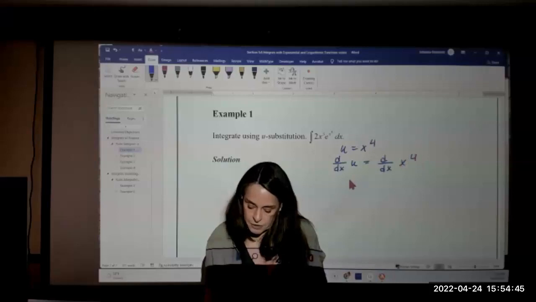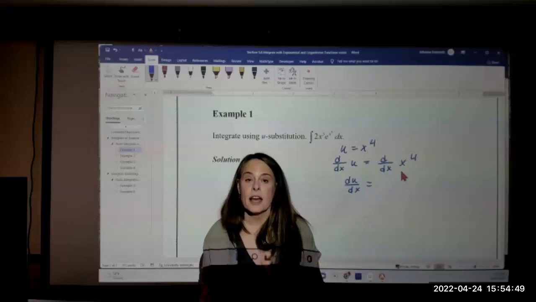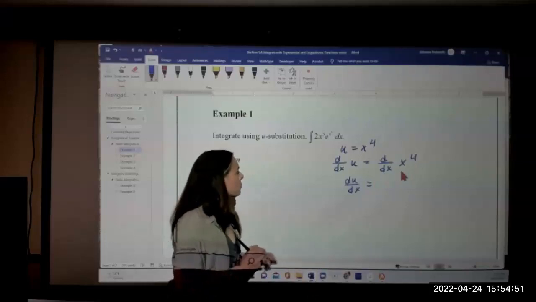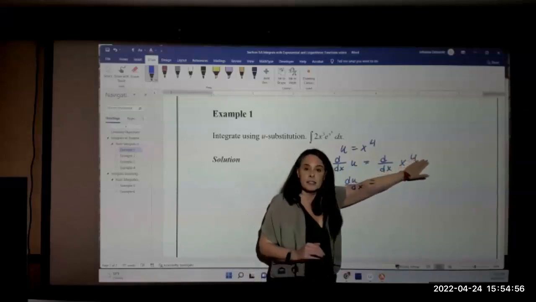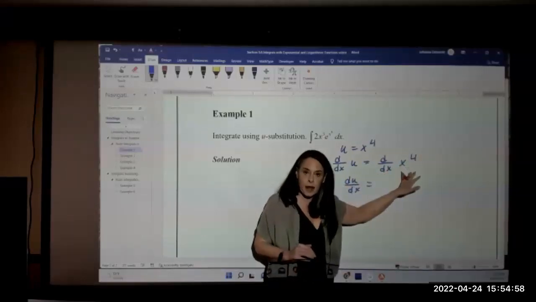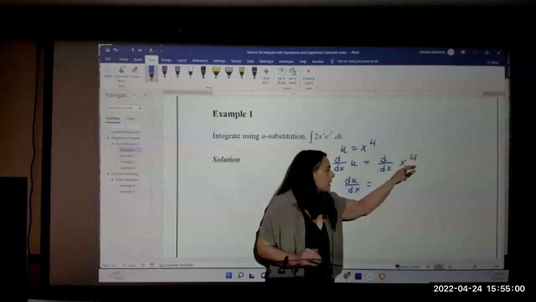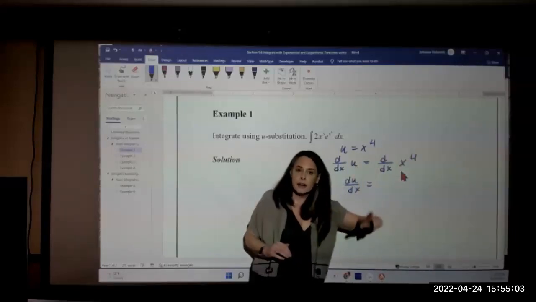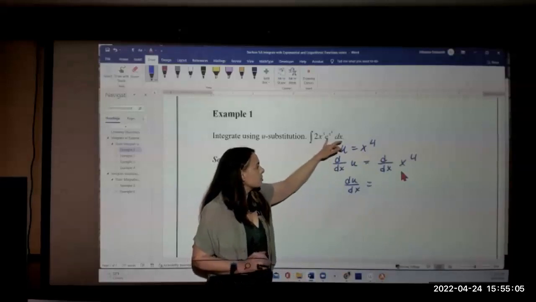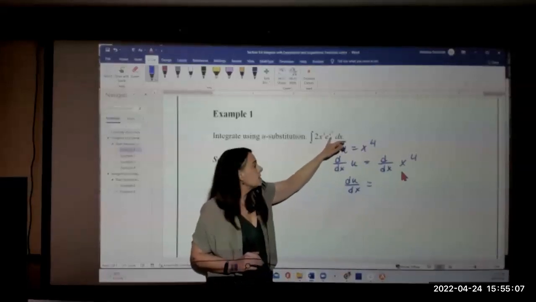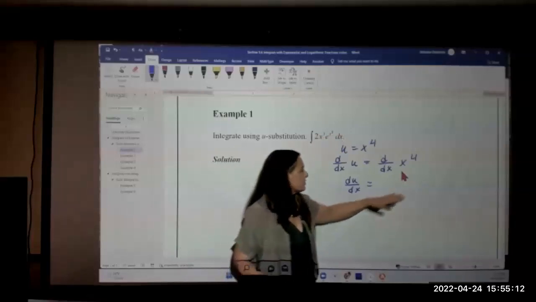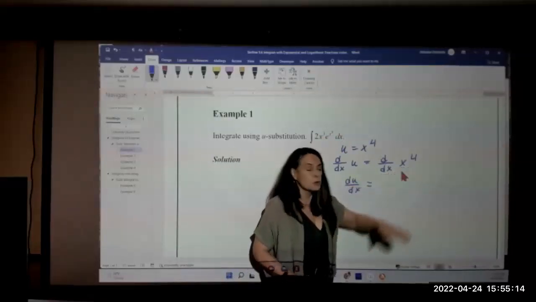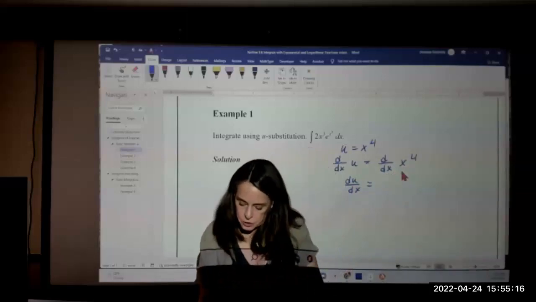The derivative of u is just du dx. And then for the other side, here we can apply the power rule because we have a variable base to a constant power. This is when the power rule is applied: variable base, constant power, not when you have an exponential function, constant base, variable in the exponent. Totally different, reverse situation. So we can apply the power rule here, which makes it 4x cubed.